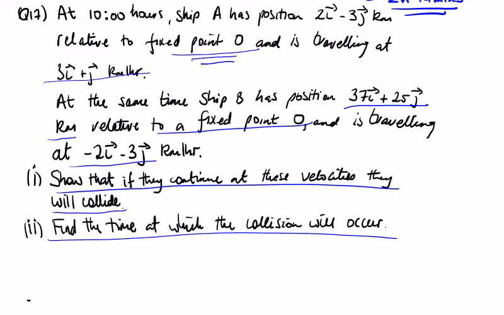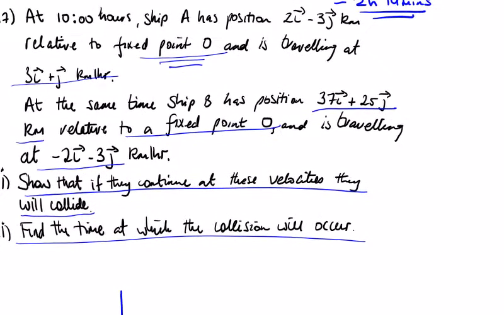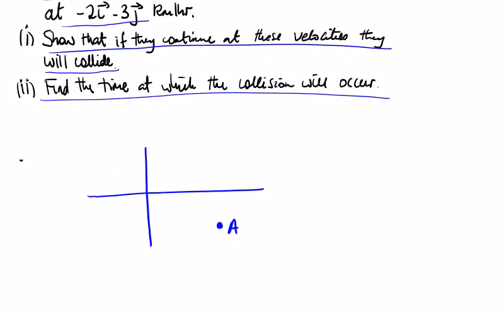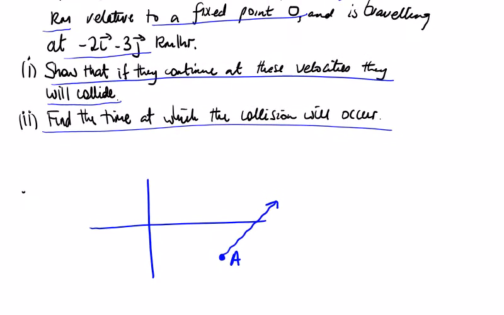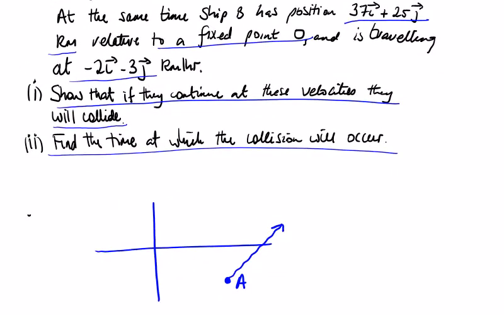So ship A is at a position 2I minus 3J. We'll just do a relative sketch, 2I minus 3J. So somewhere in here, this is ship A. And he is traveling at a speed of 3I plus J. So he's traveling in a positive direction. He's going in this direction here, with a wobbly line because he's on the sea. At the same time, ship B has position 37I plus 25J.